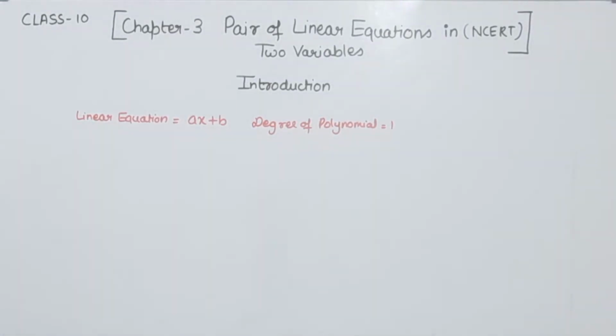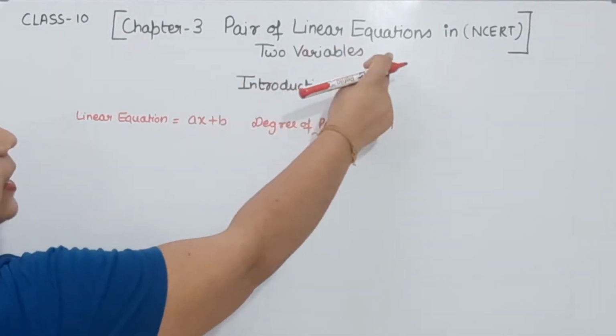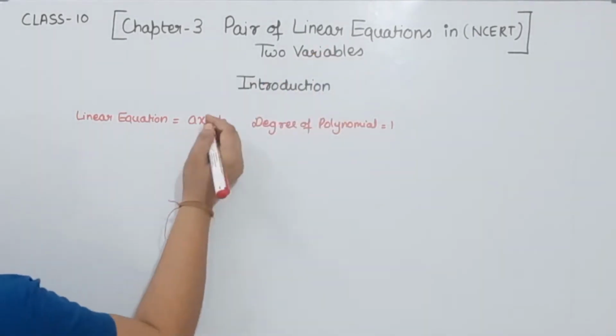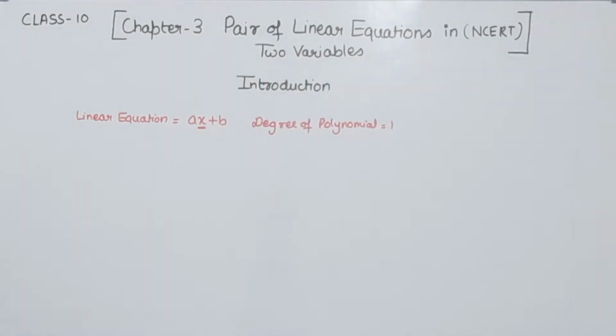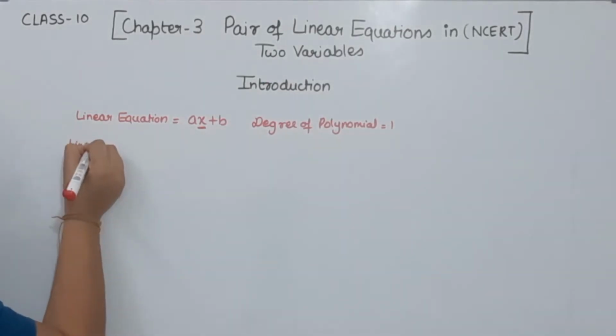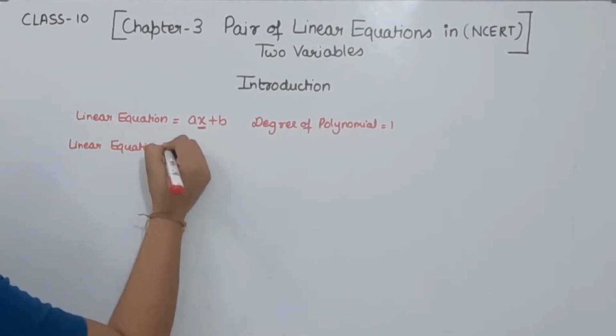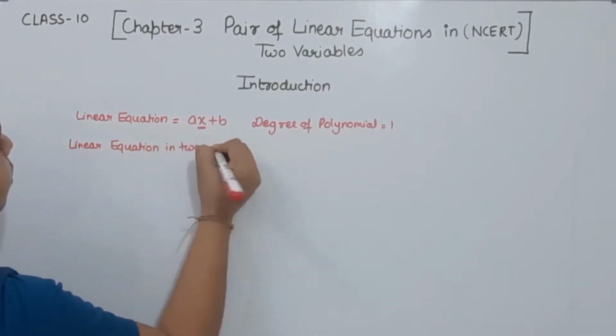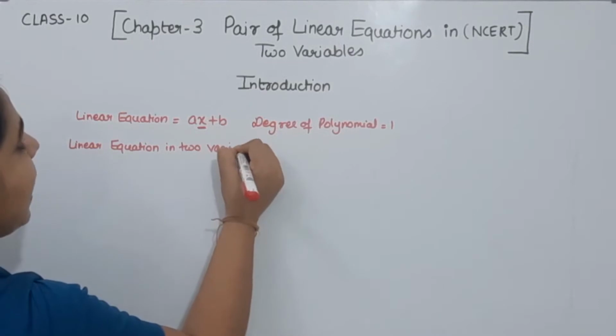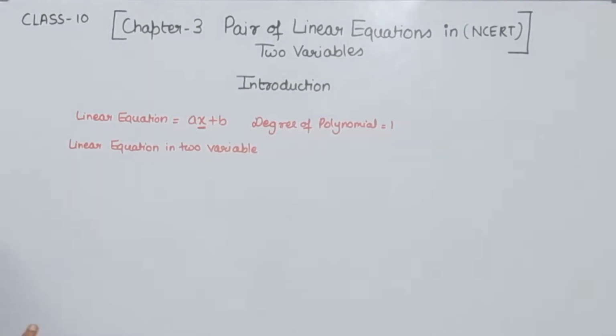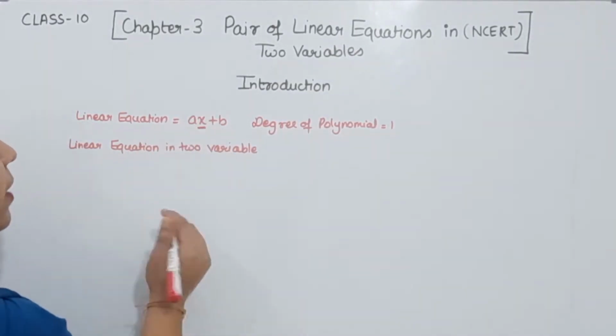Now we have to understand linear equation in two variables. Here we are having only one variable. So a linear equation in two variables means it has x and y, two variables.